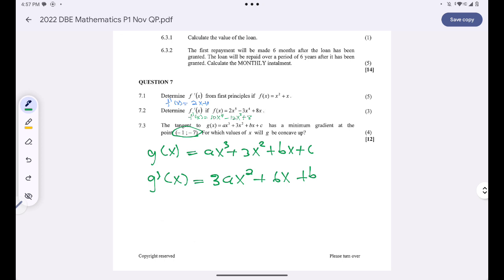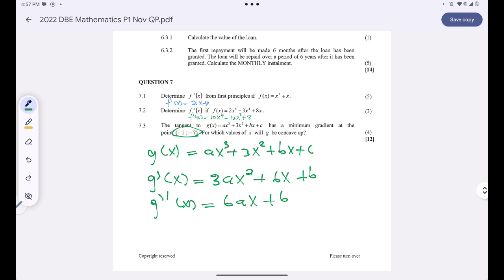Are you together? Since the first derivative tells me about the gradient, for me to find the minimum gradient, I must derive the derivative. Basically, I must find the second derivative. G double prime of x will be equal to 6a times x plus 6. Are you together? And I was told that I will have a minimum gradient when x is equal to negative 1.